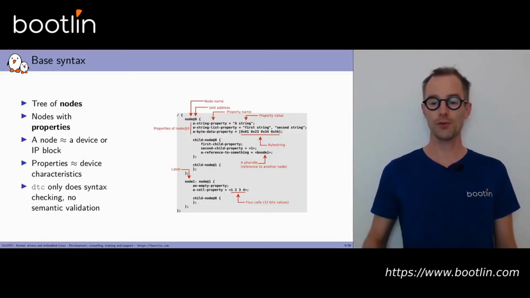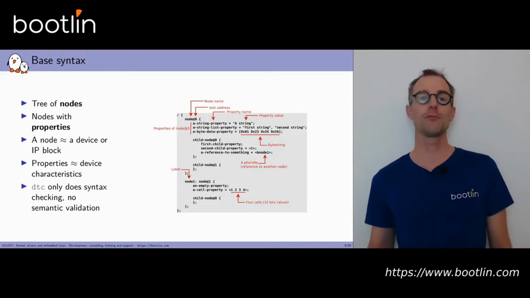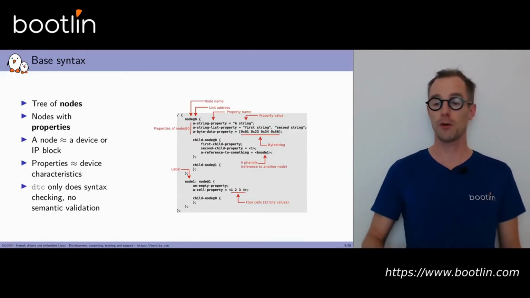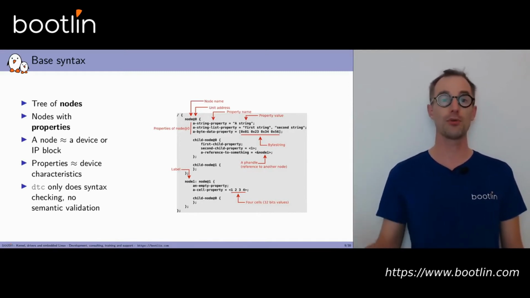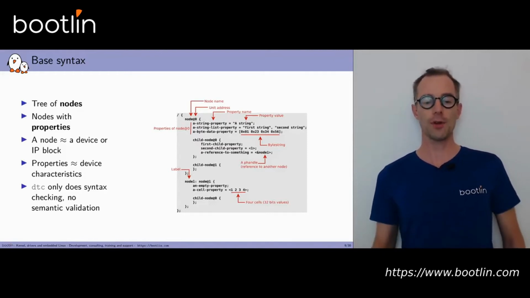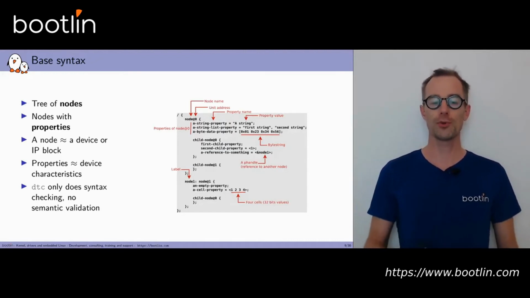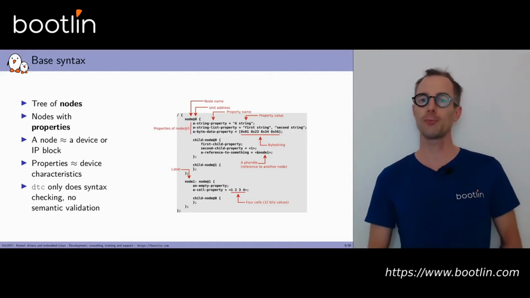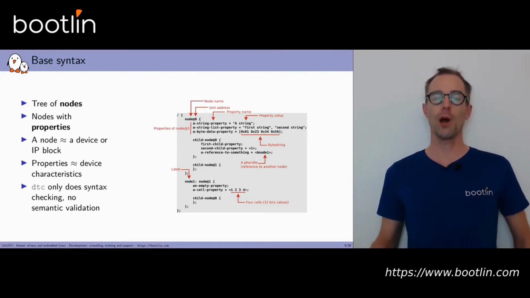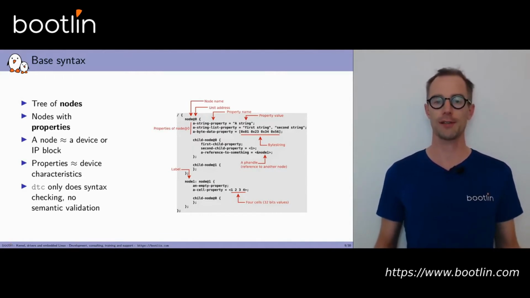And then each of those nodes has properties, and they each have a name and a value. The property values can be strings, can be integers, can be arrays of integers, can be booleans, so there are different types of properties. And pretty much in the usage of that device tree syntax for representing hardware, we will have one node representing a device or an IP block in a system on chip, while the properties will be there to describe the characteristics of a certain device.